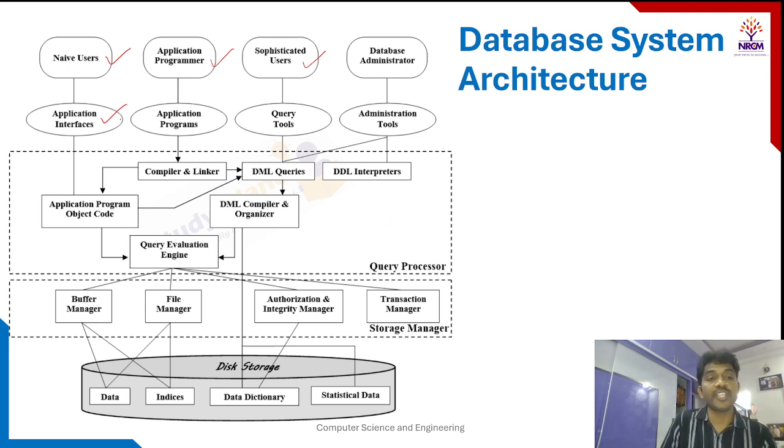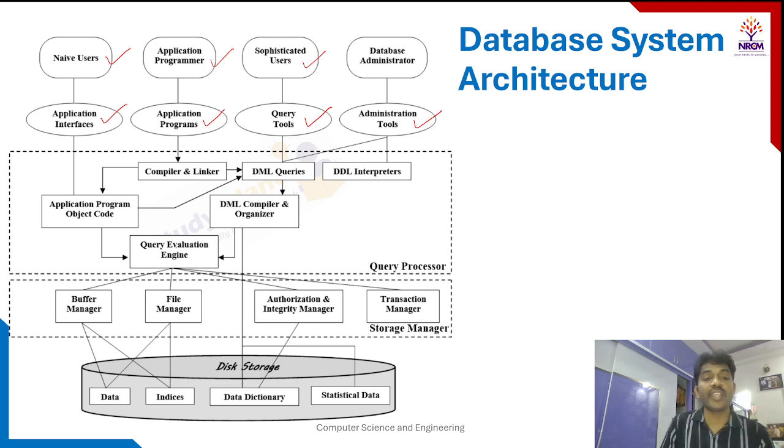These are the application interfaces: application programs like Java and other programs, the query tools like SQL, and administrative tools. And in the query processor, we are going to see the various components: compilers, linkers, DML (data manipulation language) queries, data definition language interpreters, DML compilers and organizers, application programs and the object code.